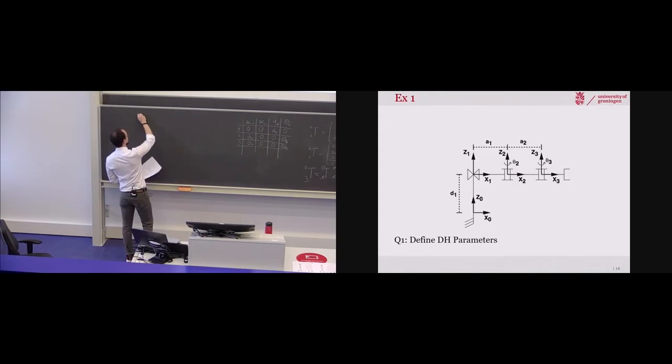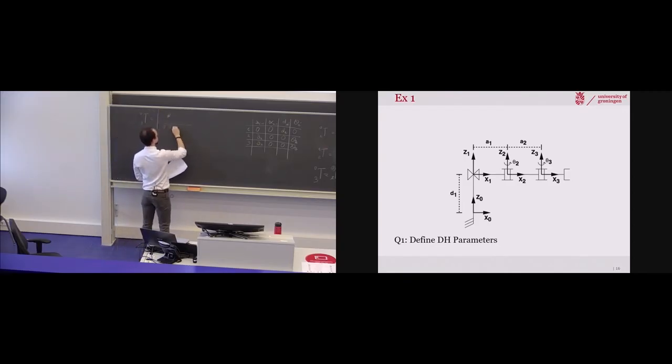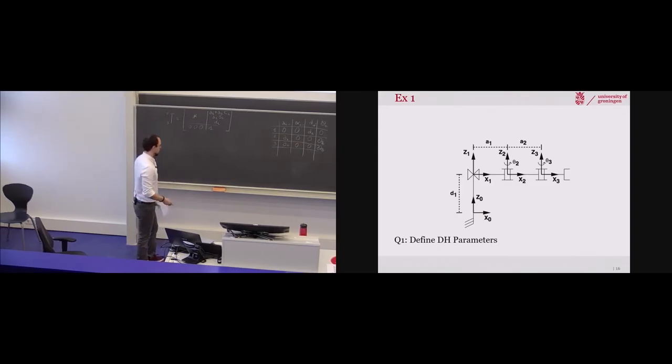Just believe me that the transition matrix 0, 3, okay, is something over here, then it has the three 0s, then a 1 here, and as a last column, you have a1 plus a2 cosine theta 2, and then you have a2 sine of theta 2, and then you have d1. Okay, this one is the last vector.